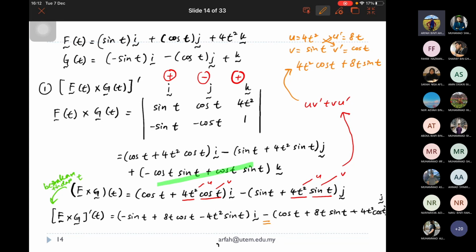So, make sure you get this one. Yang dah cuba buat soalan yang kedua, by hook or by crook, you need to use the product rule, the derivative rule yang saya tunjukkan.